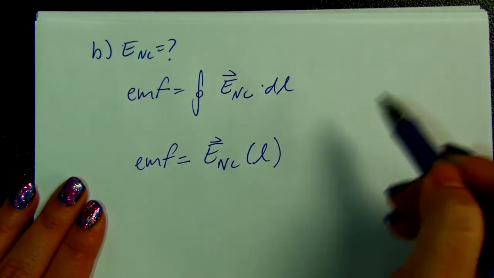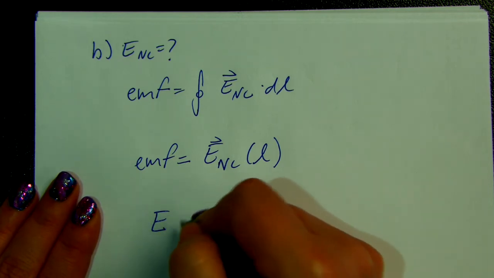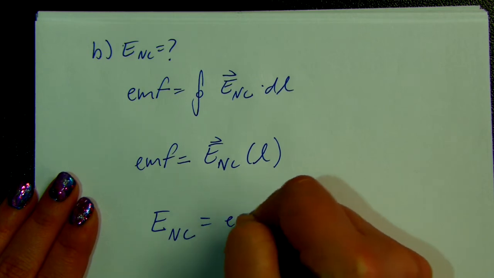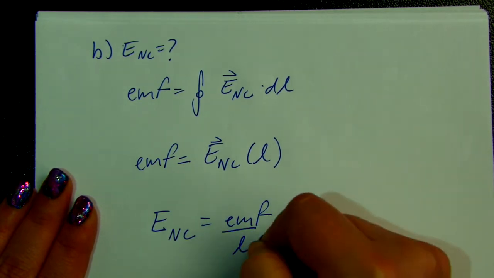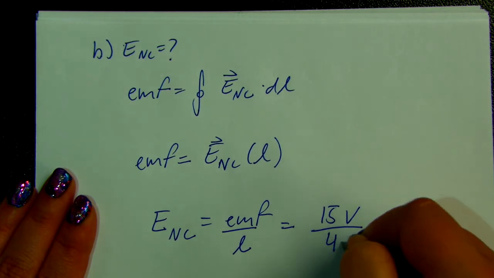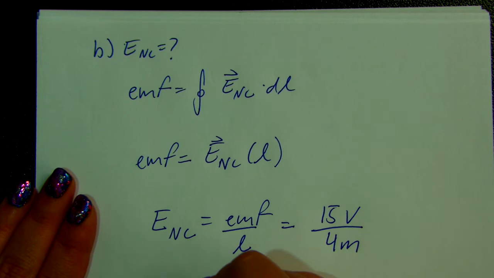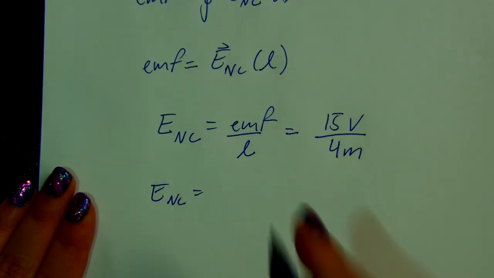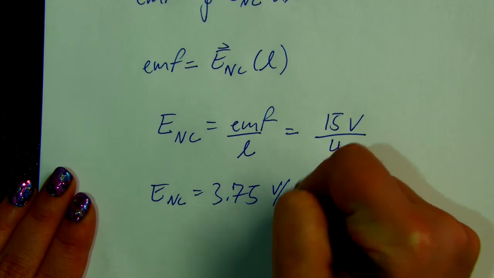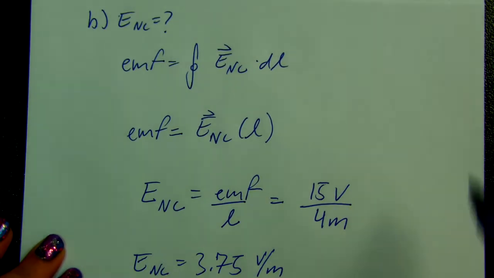Okay, so we have ENC is equal to EMF divided by L. This is equal to 15 volts divided by 4 meters. And so ENC is equal to 3.75 volts per meter.